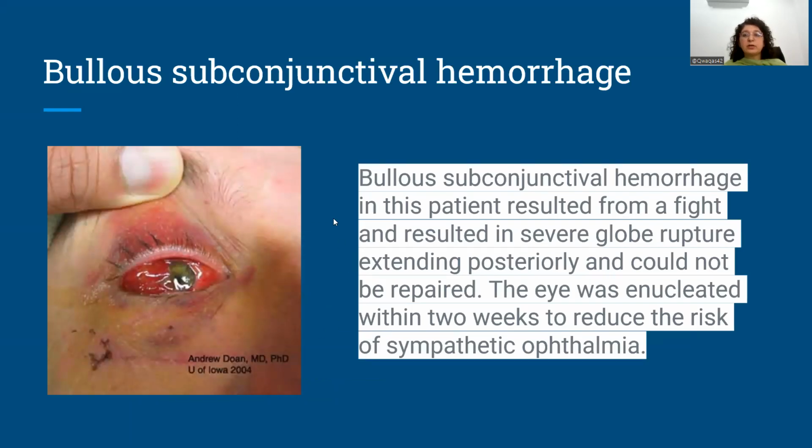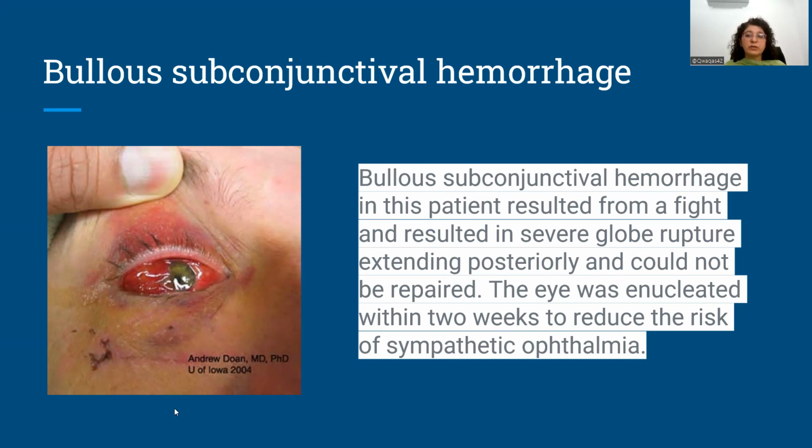This is another case of a patient who presented with a bullous subconjunctival hemorrhage. And in this case, it resulted from a fight, which caused severe globe rupture that actually extended far posteriorly into the globe and unfortunately could not be repaired.